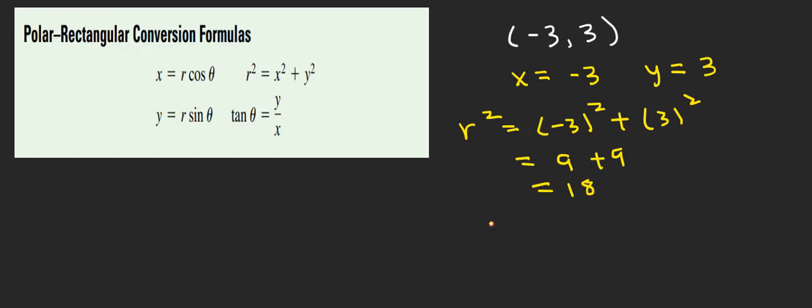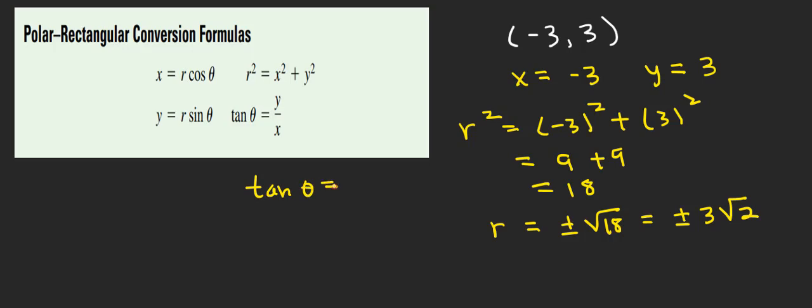So that means r will be positive negative radical 18, which is the same thing as positive negative 3 radical 2. Now we need to get theta, so we have to say tangent theta is y over x, which is negative 1. Now tangent of what gives you negative 1? Well, that's when theta is negative pi over 4.